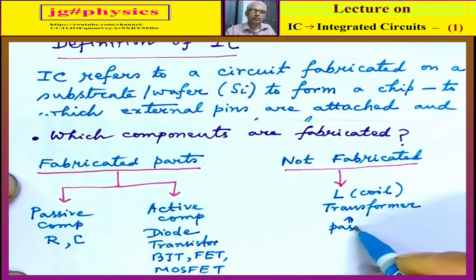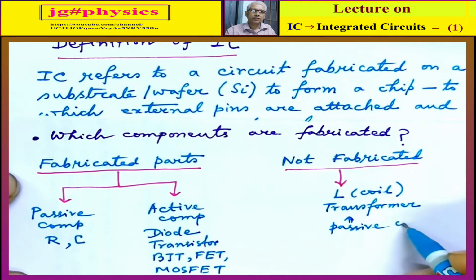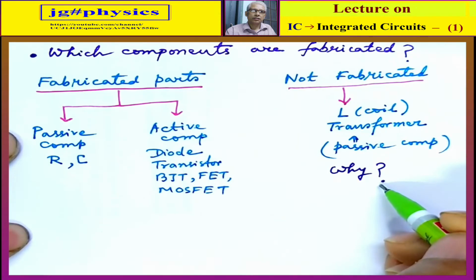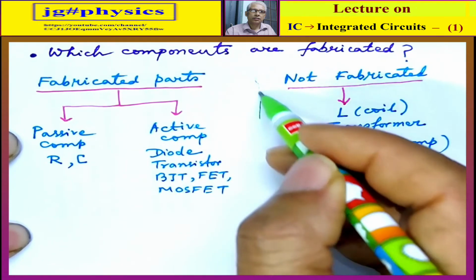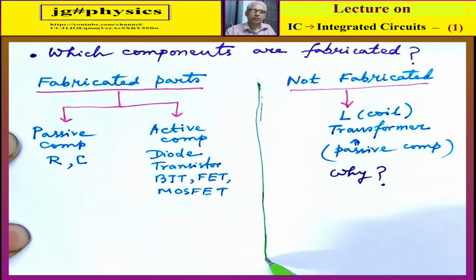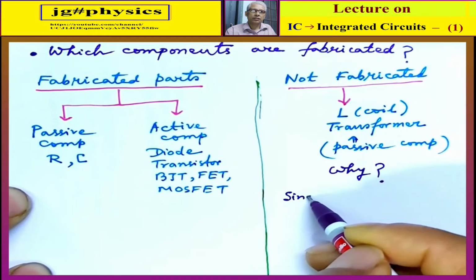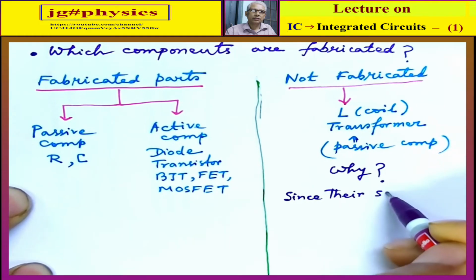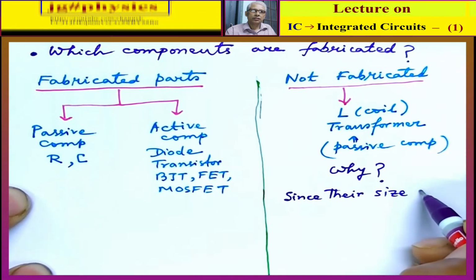Both of which are passive components. Why are they not fabricated in an IC? This is because their size is large.